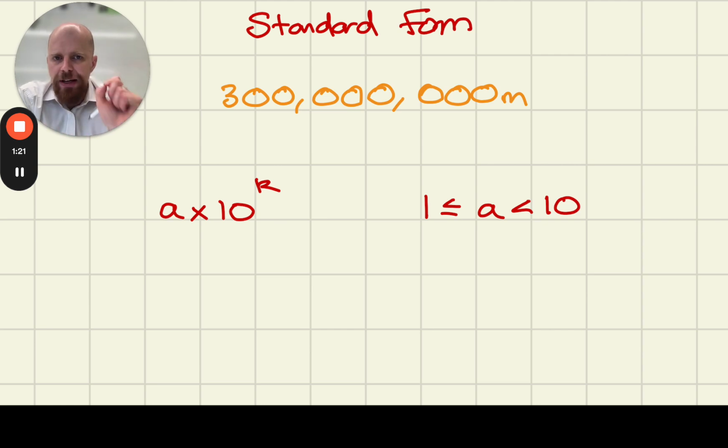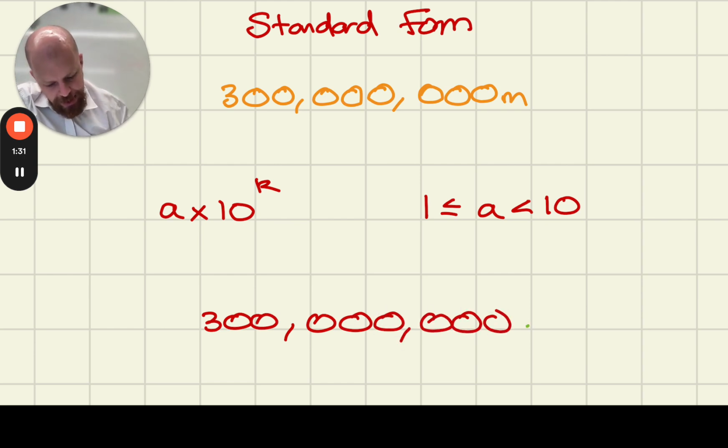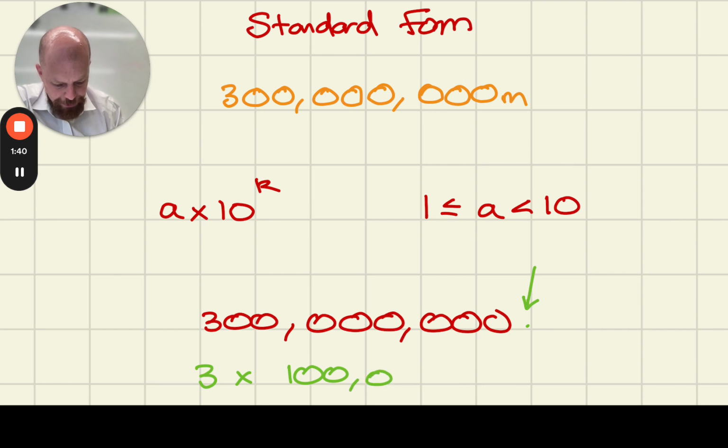Let's look at the speed of light, which is, as we said, 300 million meters every single second. Now, if I write 300 million, at the moment, the decimal point is here. But what I can do is effectively multiply 3 by 100 million.